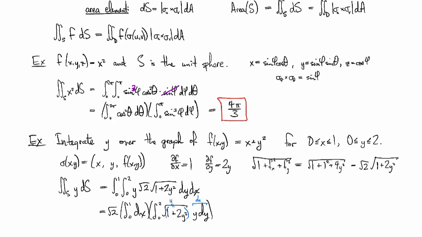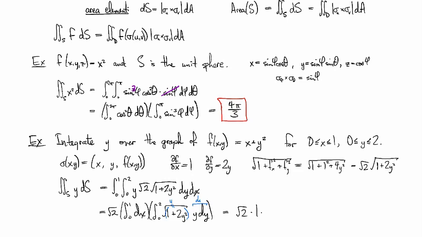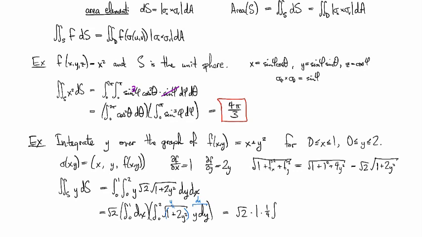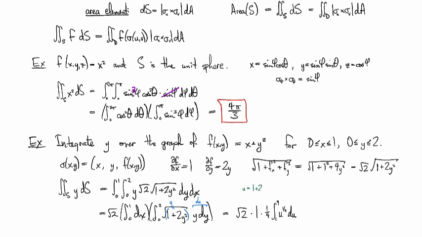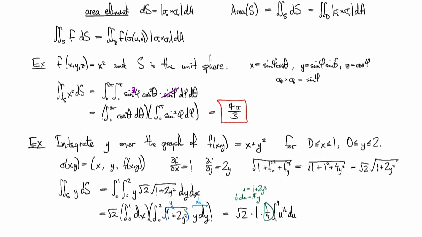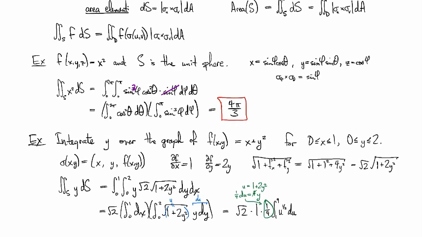That gives me root 2, and a 1 from the first integral, and then a 1/4 times the integral from 1 to 9 of u to the 1/2 du. What I did there is I set u equals 1 plus 2y squared, du is equal to 4y dy, and then put the 1/4 out front, and that's where this comes from. And then of course change the bounds.